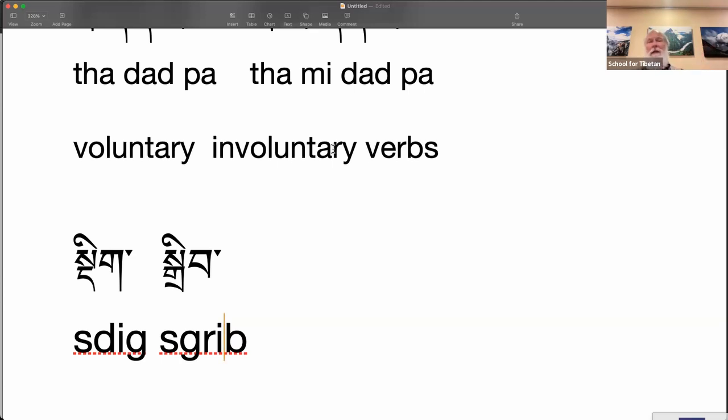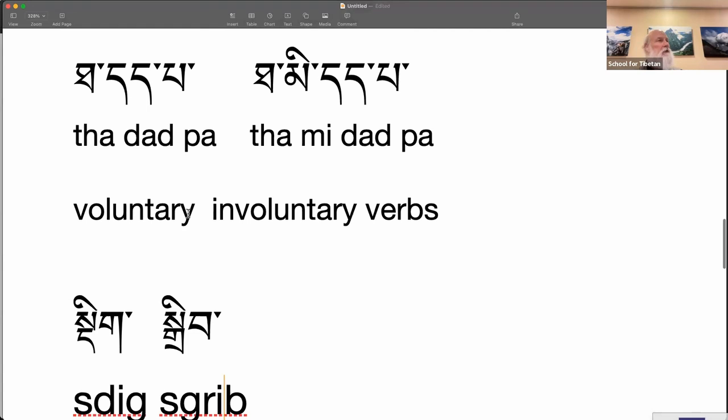And the way that Tibetans have found to add shades of meaning, nuances, and really deep-reaching information within the language is to formulate these two categories, which are not found in Sanskrit. Particularly, obviously, the transitive, intransitive, yes, but the voluntary, involuntary, not.